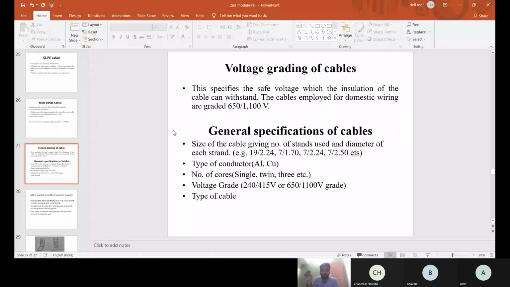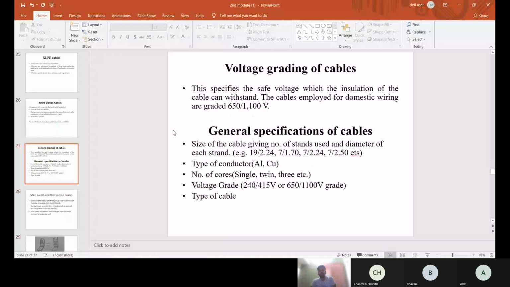That's why we have to make sure the cables we choose are within the specific ratings, that is, specify the safe voltage which the insulation of cables can withstand. The cables employed for domestic wiring are graded 650 by 1100 volts.